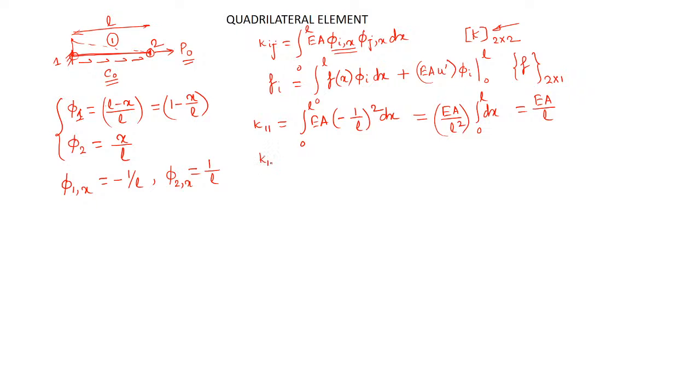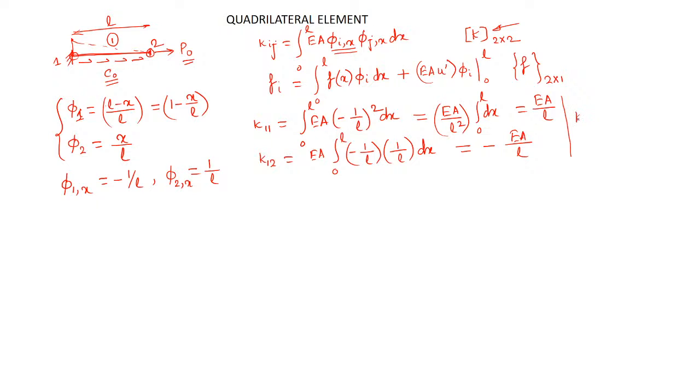Similarly, K12 if I do, what we will get? We will get EA as constant, so let me take it out. So I have 0 to L, phi 1 comma x becomes minus 1 by L, phi 2 comma x becomes 1 by L dx. So that gives us minus EA by L. Fine.